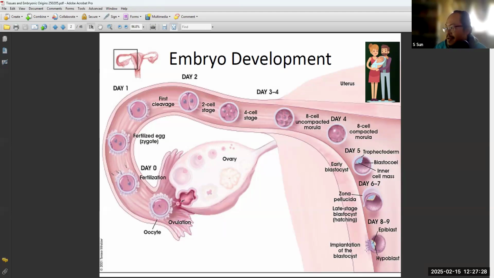So this is a placenta, and then these will embed into the uterus organ wall, and then this group of cells will start to grow, divide, multiply, and build your body. So that is the origin. And you can see that this process is pretty quick. It takes about a week, then it lands in the uterus.